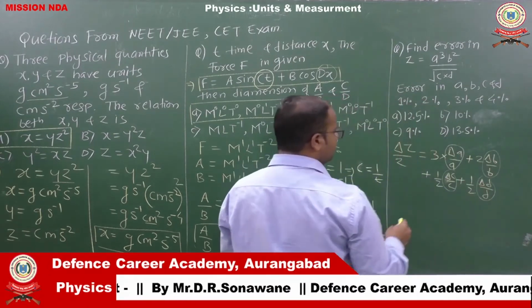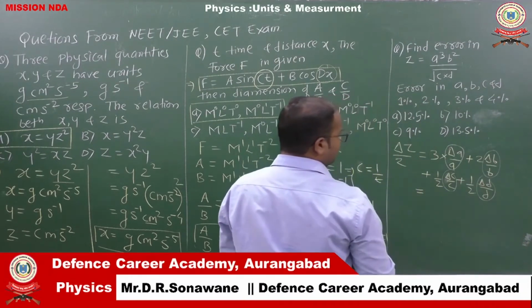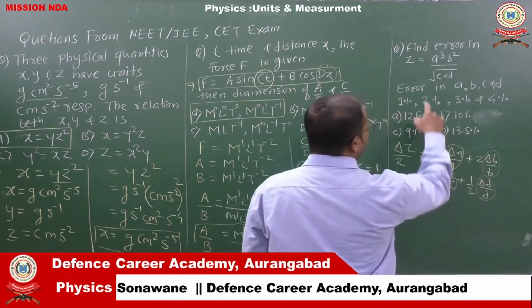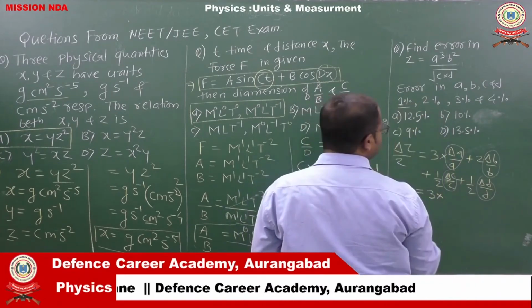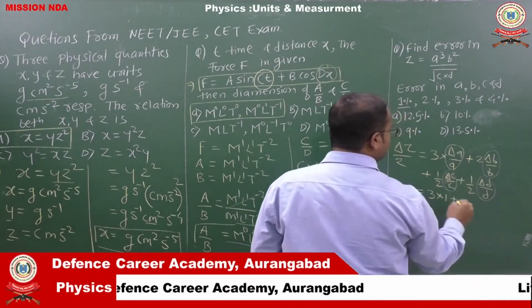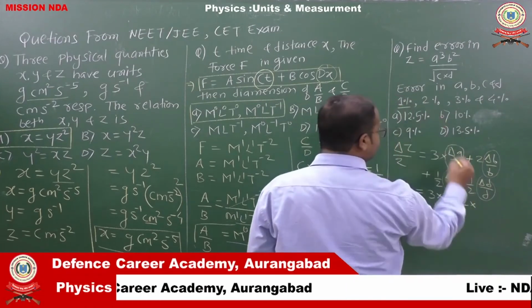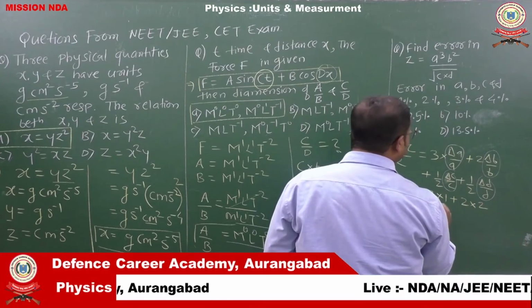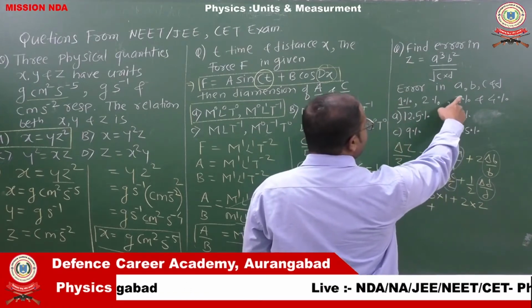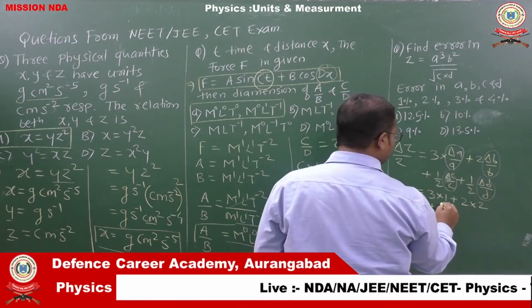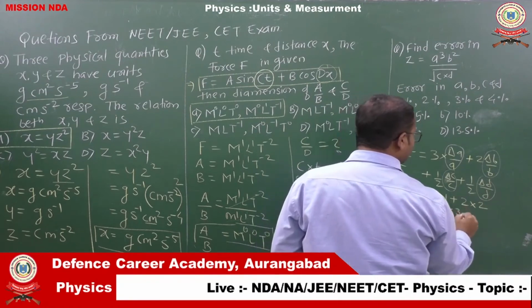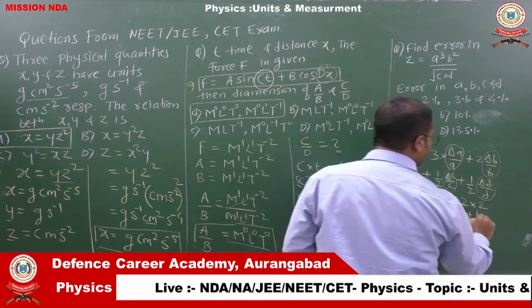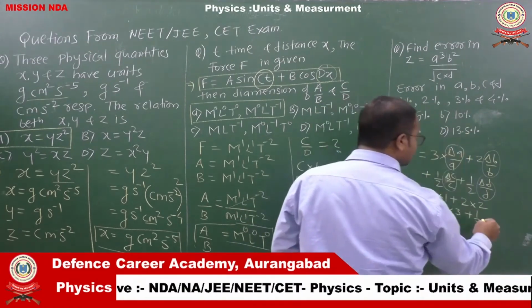So putting in the values of error, we get 3 into the error in A, which is 1%, plus 2 into the error in B, which is 2, then the error in C is given as 3, so 1 by 2 into 3, plus 1 by 2 into the error in D, which is 4.